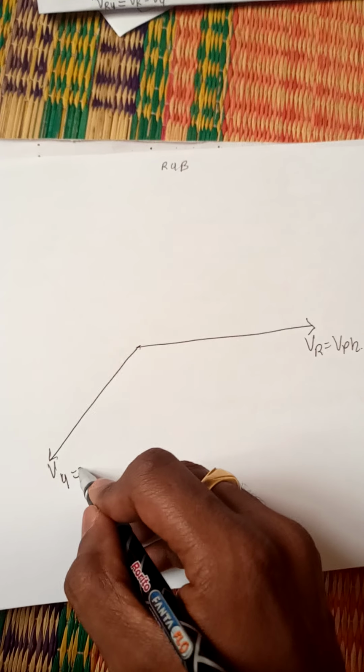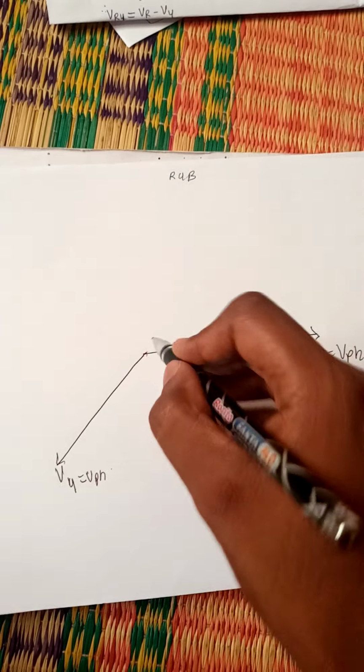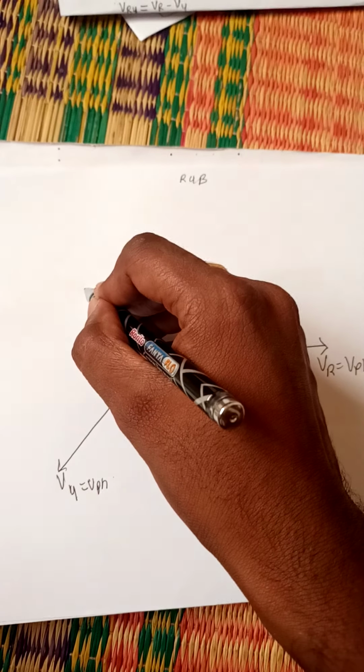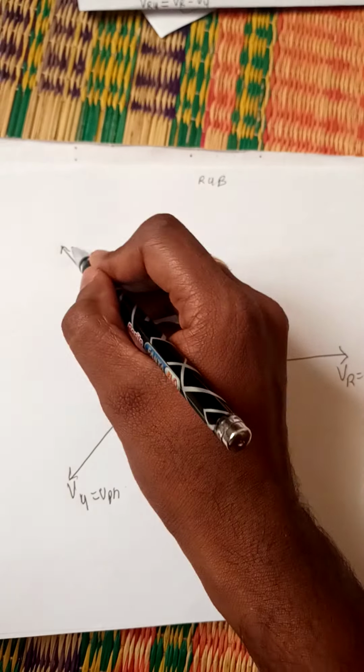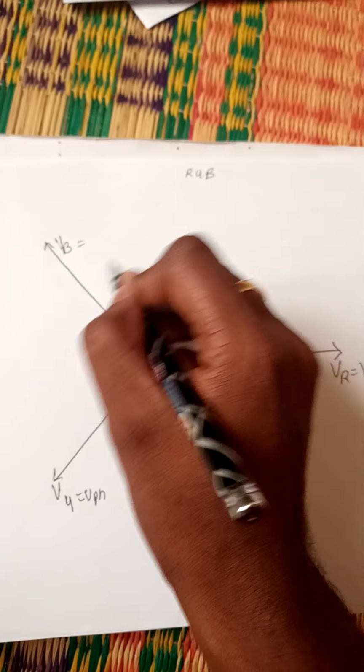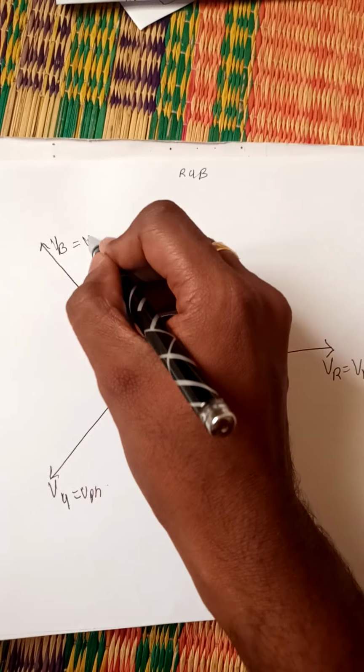This is also phase voltage VPH, and then you have one more vector, that is VB, equal to VPH.